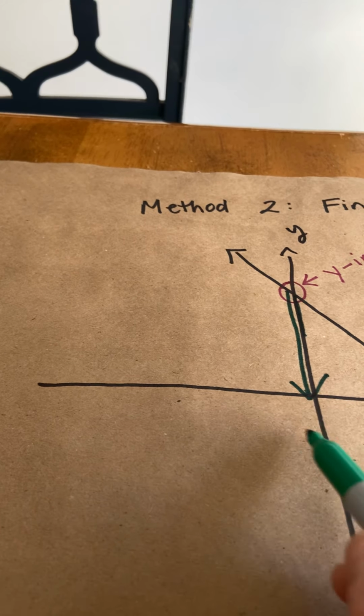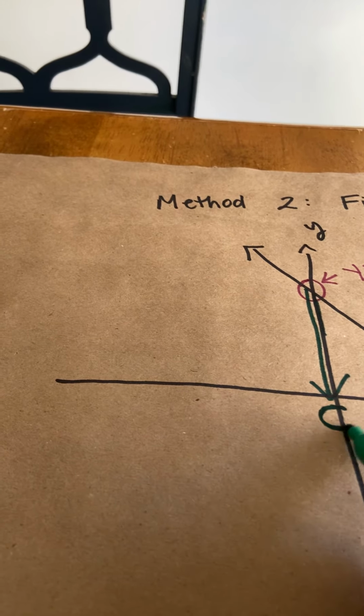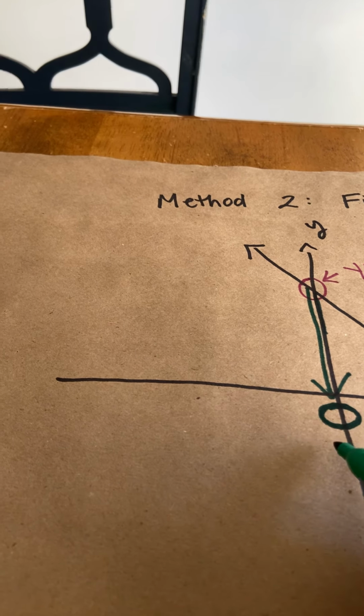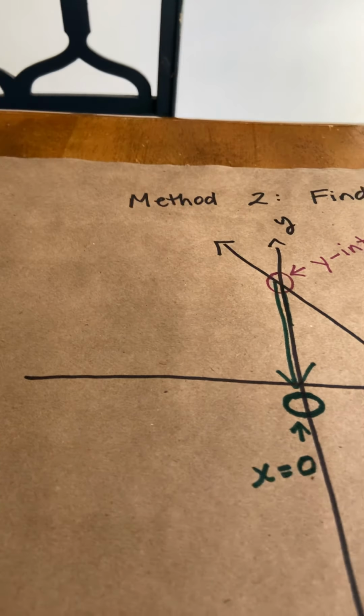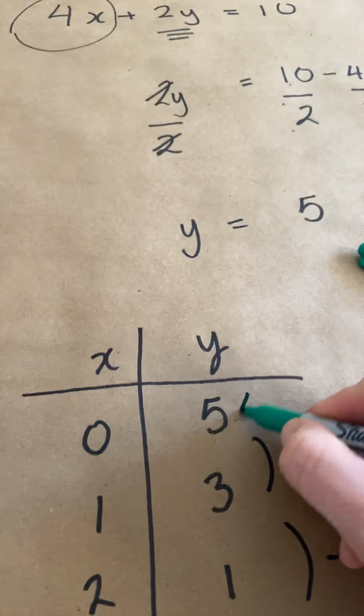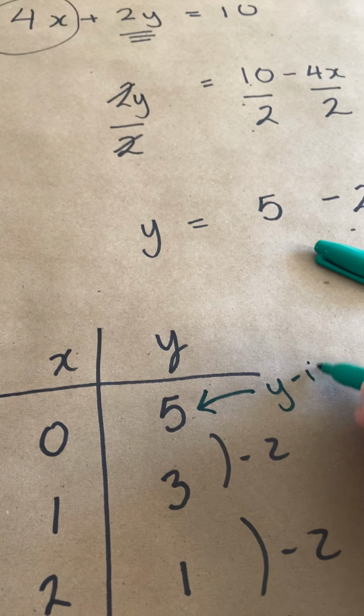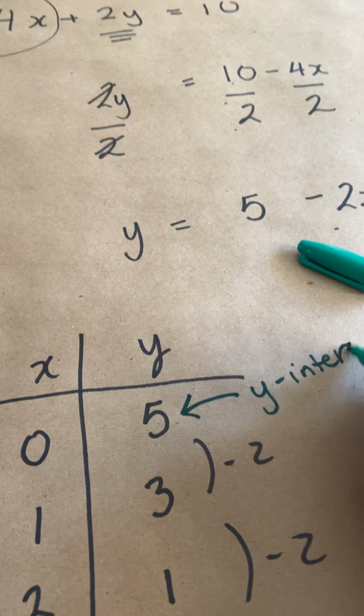What number do I run into on my x-axis? I run into 0. I run into x is equal to 0. That's why when you have a table of values, x is equal to 0, the number next to it is the y-intercept.